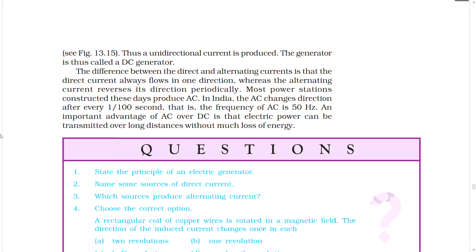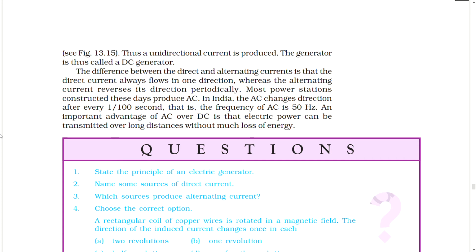See figure. The unidirectional current is produced. The generator is thus called a DC generator. The difference between the direct and alternating currents is that the direct current always flows in one direction, whereas the alternating current reverses its direction periodically.